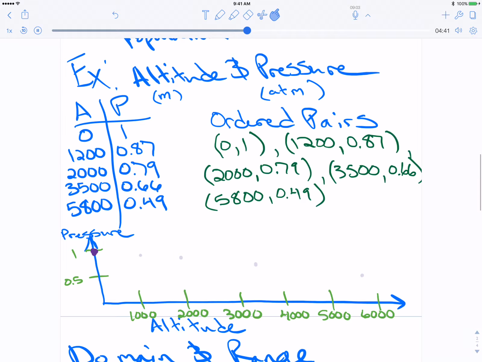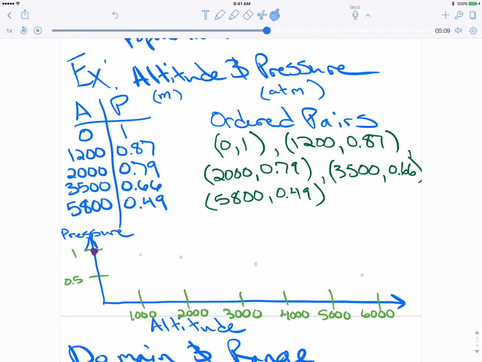Now when we go to plot this, we can reference either the table or the ordered pairs since they are equivalent statements. The left column of the table corresponds with the first entry of each ordered pair, and the right column of the table corresponds with the second entry of each ordered pair. The left column corresponds with the x-axis, so that's the altitude measurement.